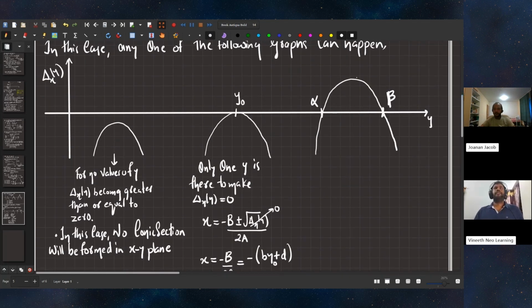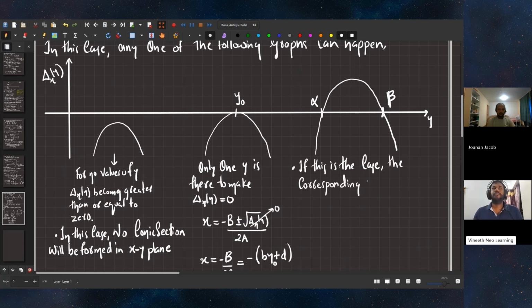I'll write it here. If this is the condition, very important. If this is the case, the corresponding conic will be an ellipse.